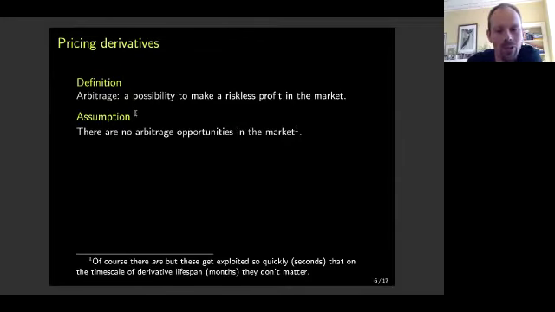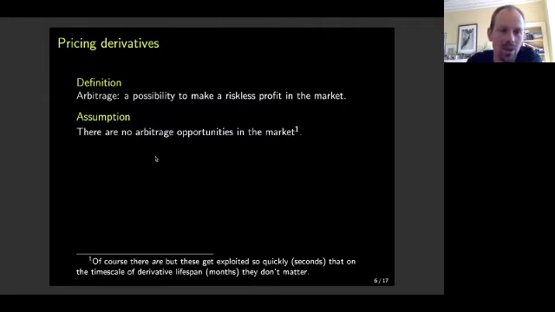Of course we know that's not true. There are arbitrage opportunities, and a lot of people keep themselves busy trying to exploit them. As soon as they discover one, the prices move in reaction to their trading, so they close the arbitrage. Typically these get exploited so quickly, on the time scale of seconds, that when you're thinking about derivatives that have a time scale of months, the arbitrage doesn't matter.